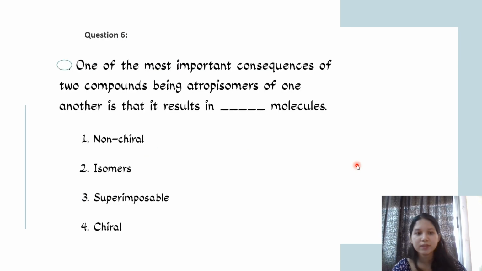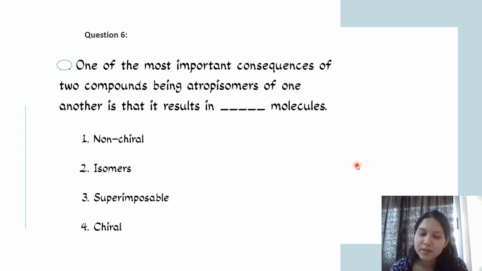Let's move to question number 6. One of the most important consequences of two compounds being atropisomers of one another is that it results in dash molecules. So this is a very simple question. You just have to answer.